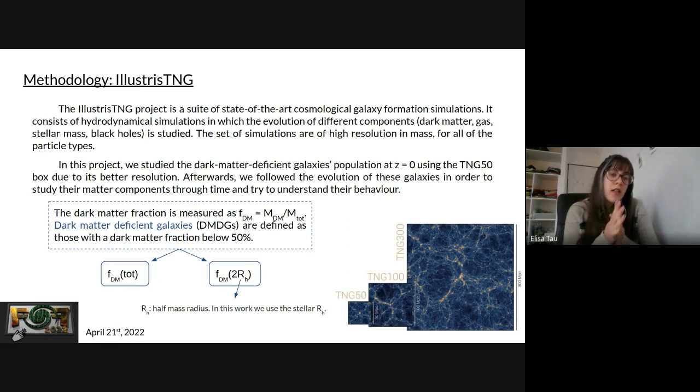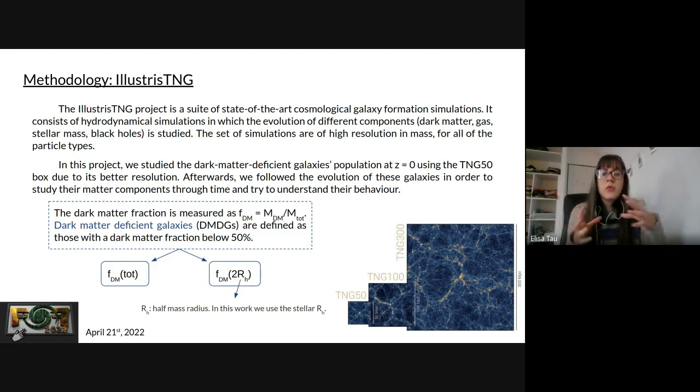Firstly, the dark matter fraction is measured as a ratio between the dark matter that a galaxy or subhalo has and its total matter. So dark matter deficient galaxies are those that have a dark matter fraction below 0.5, below 50%.